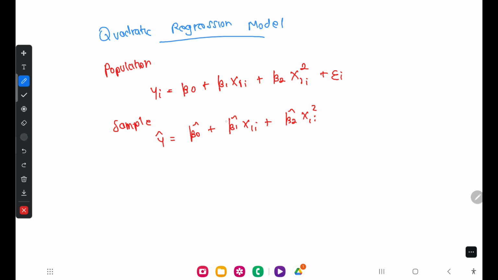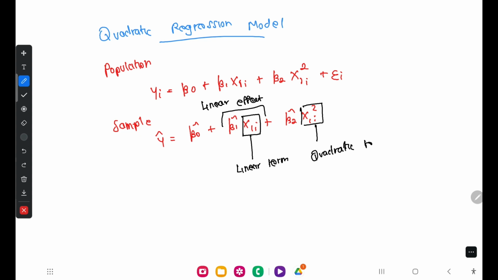So if you can see, this x1 is a linear term. As a result, this whole thing will have a linear effect. This x square is a square term, a quadratic term. As a result, this will have a quadratic effect on y.